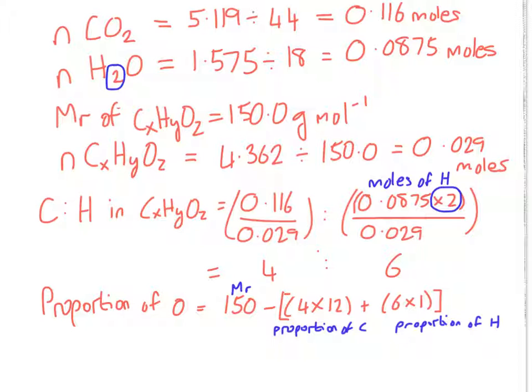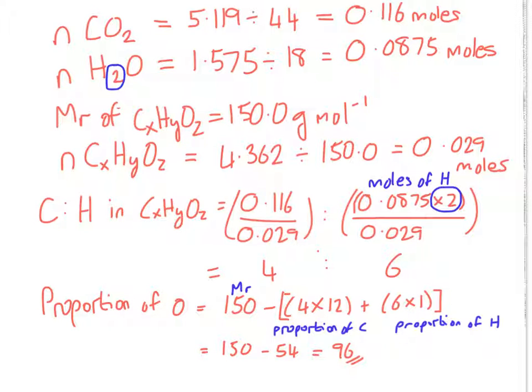To get the proportion of oxygen that's left, you take the 4 to 6 ratio and multiply them up by the atomic masses, and then take that away from the MR that you've already worked out. The proportion of carbon is 4 times 12 out of the 150 grams per mole. The proportion of hydrogen is 6 times 1 out of the 150 grams per mole. That gives us 96.